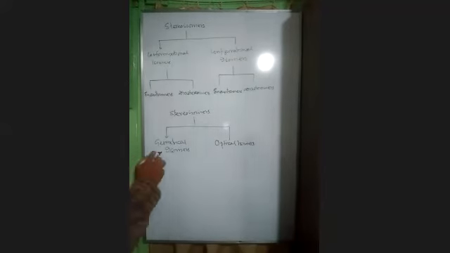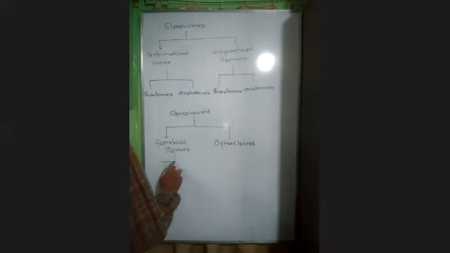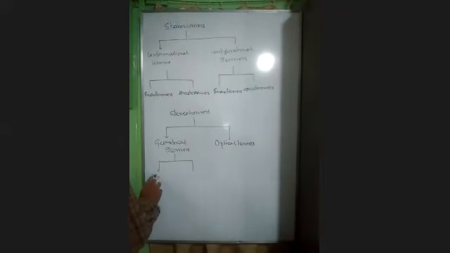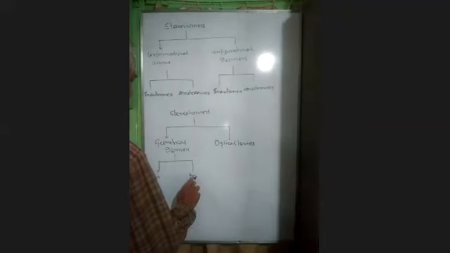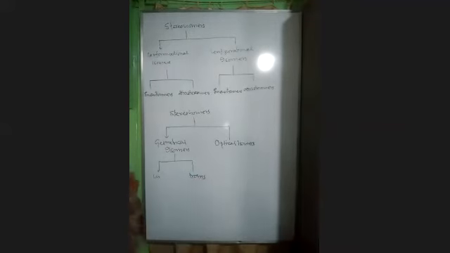Geometrical isomers means what? Geometrical isomers again can be classified into two categories. This is called cis and this is called trans. Cis is this one I have already drawn for you.